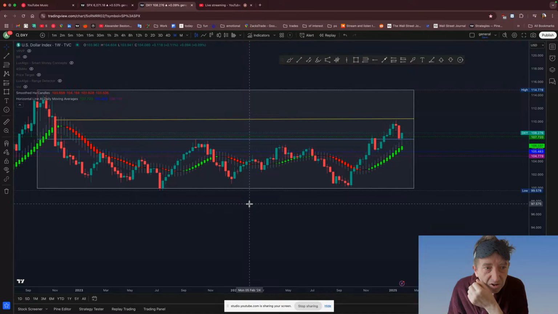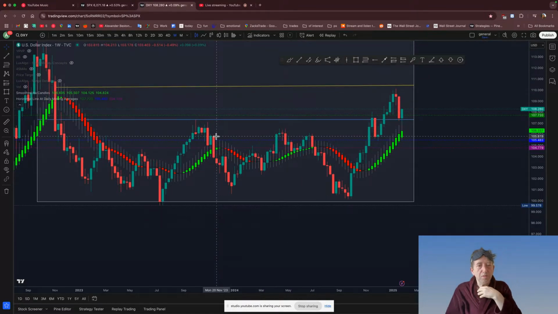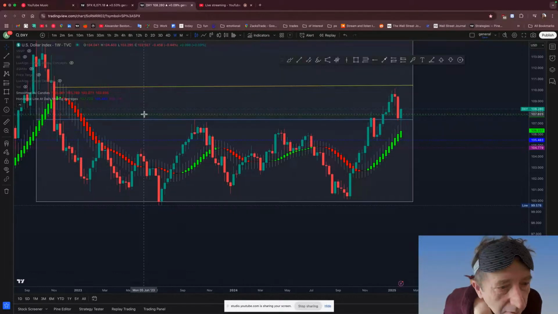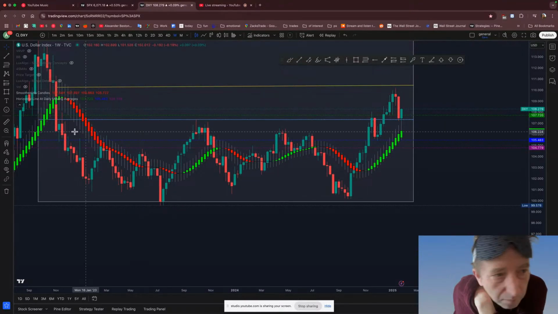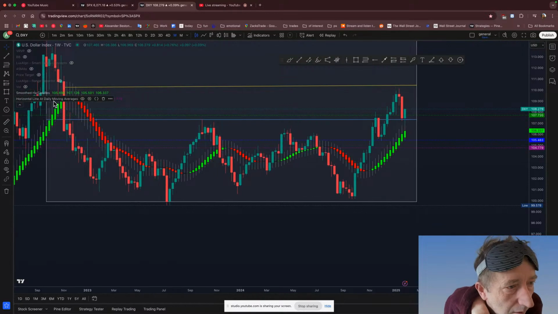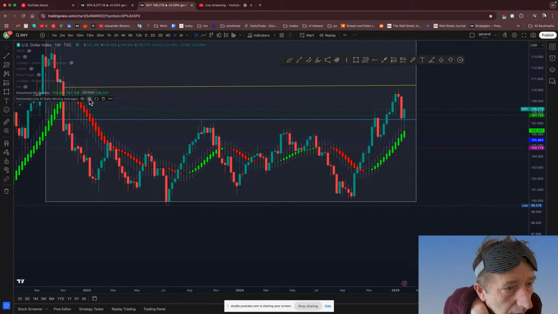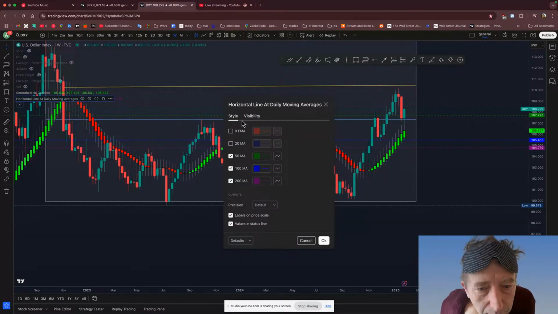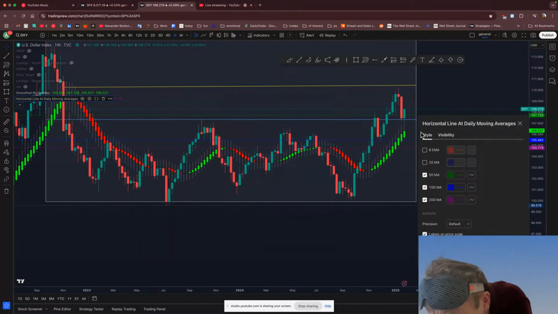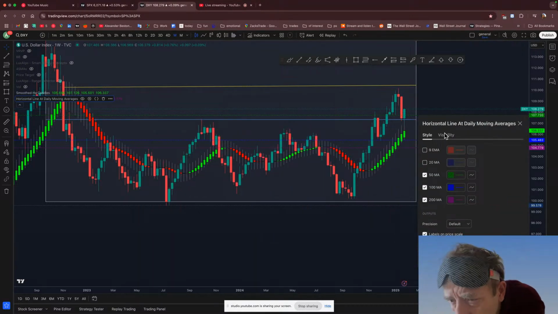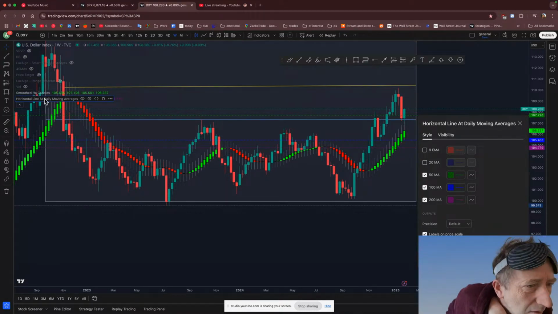On my graph, I've actually got some average lines, which are quite useful. So there's this one here. Let's have a look at the green line. Is that actually all of them?